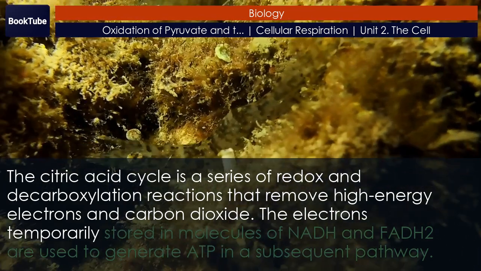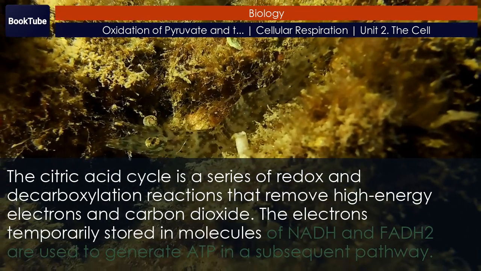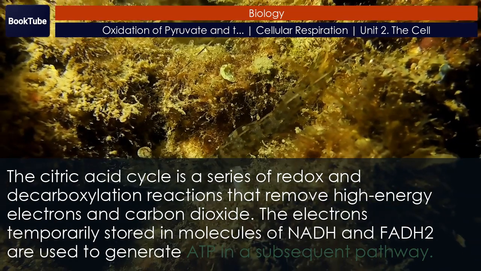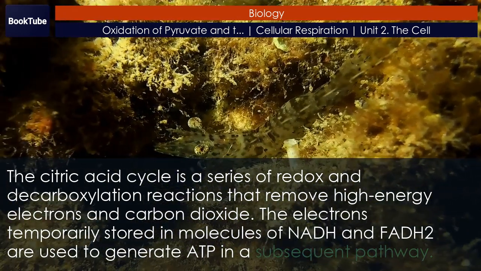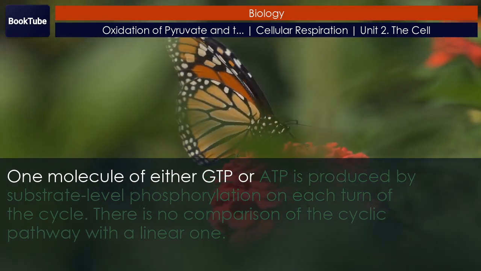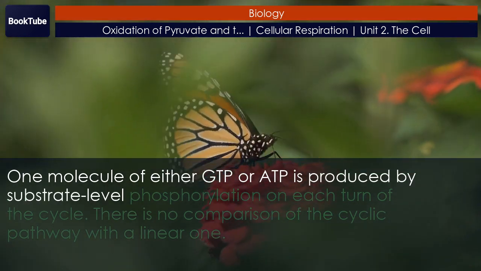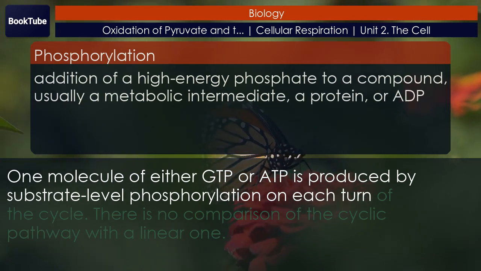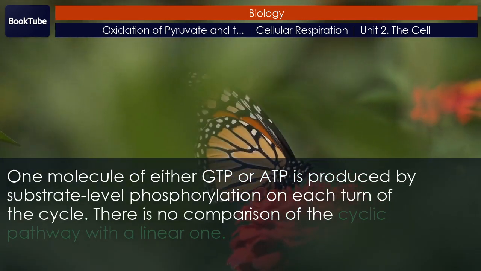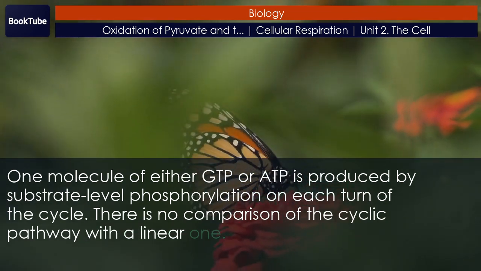The electrons temporarily stored in molecules of NADH and FADH2 are used to generate ATP in a subsequent pathway. One molecule of either GTP or ATP is produced by substrate-level phosphorylation on each turn of the cycle.